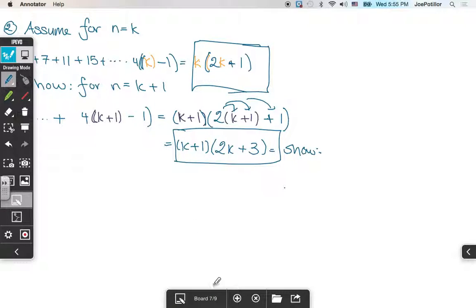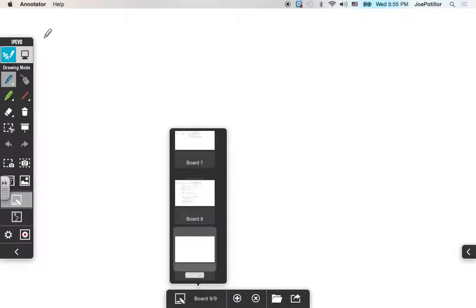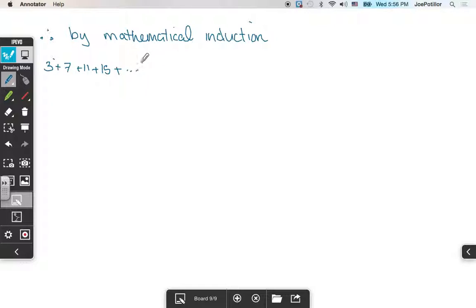So, since the two of these statements match, what we can state now is that therefore, we'll use the three little dots for therefore, by mathematical induction, we have 3 plus 7 plus 11 plus 15 plus dot dot dot plus 4n minus 1 equals n times 2n plus 1 for all.